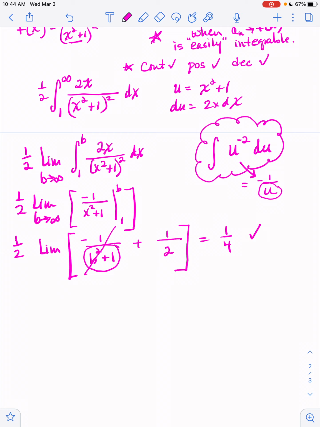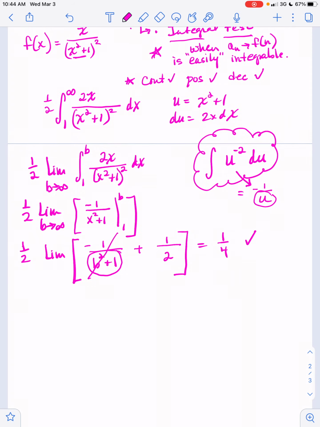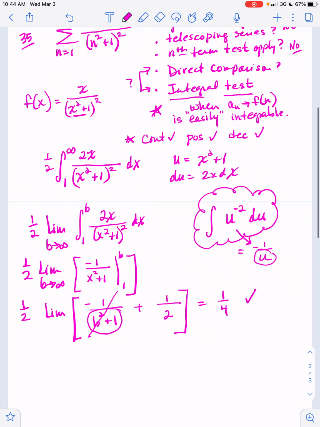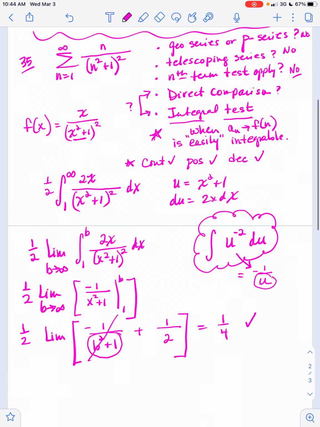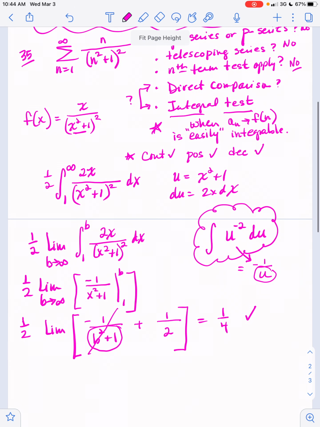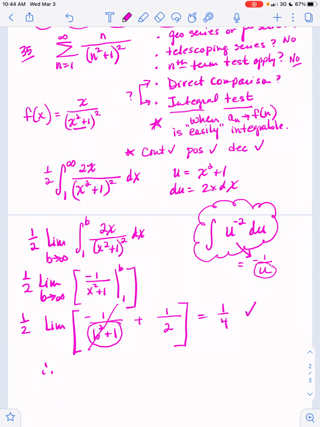What does that signify? It means that the series that I'm finding, whether it converges or not, converges. Therefore, because the integral converged, why is my pencil not working?